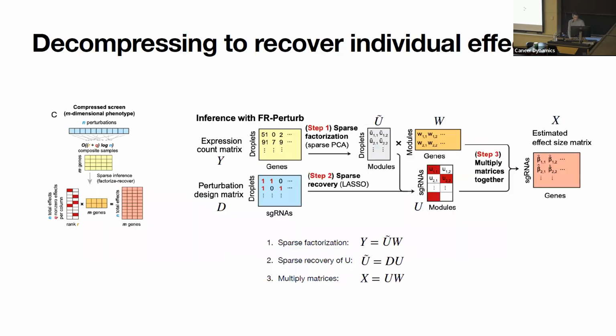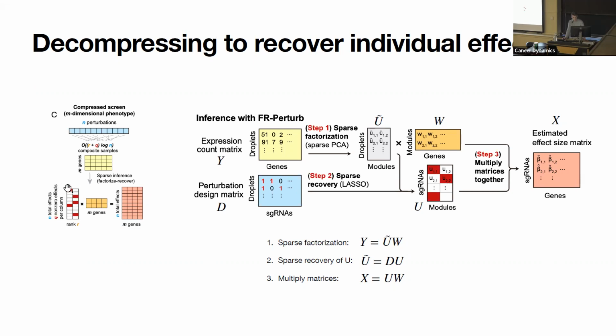All right, so that's the experimental setup. Once we've generated these composite data, the idea is that instead of observing individual cells with individual perturbations, we should be able to get away with a much smaller number of composite samples. The outcome of each individual genetic perturbation on the expression of every individual gene possesses a latent structure, which is just a matrix factorization.